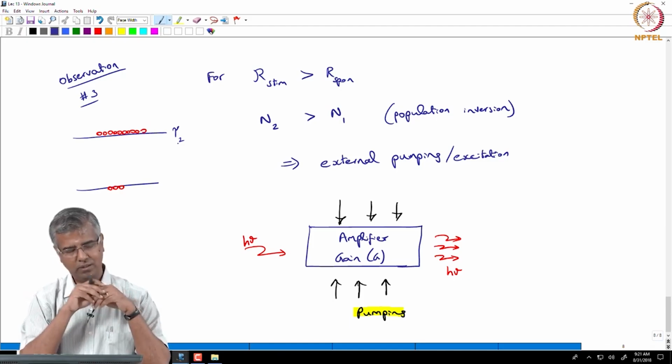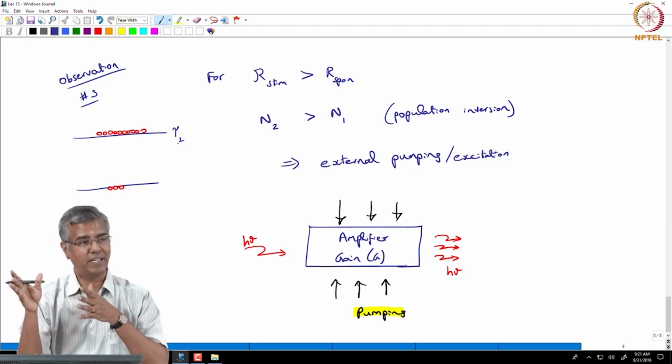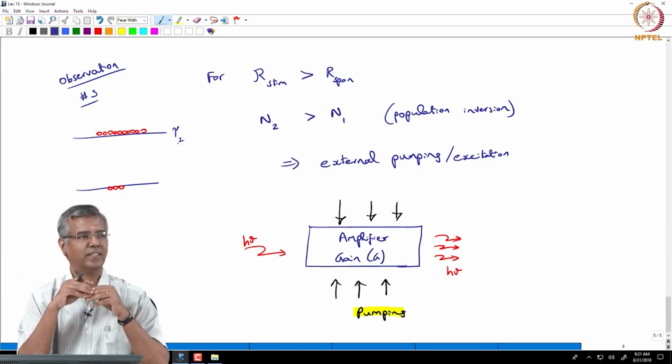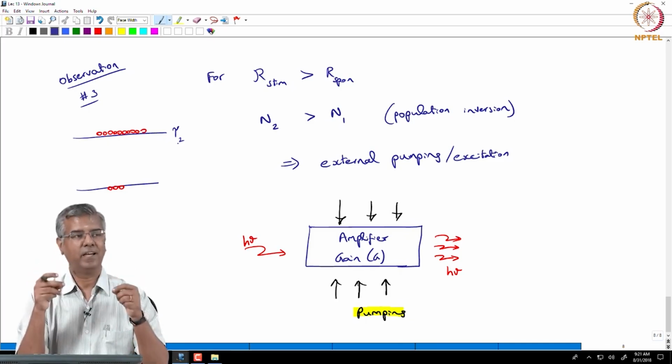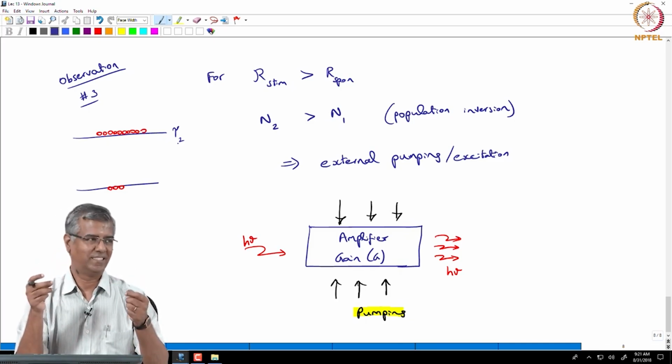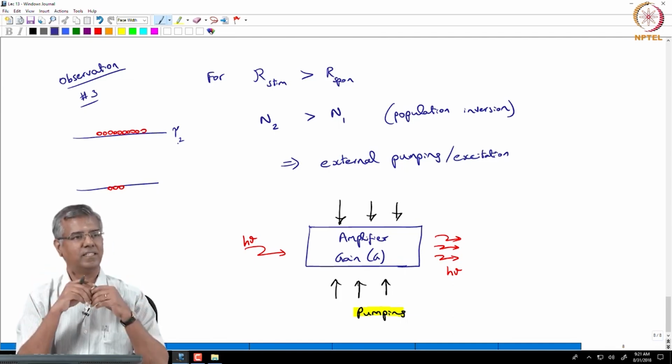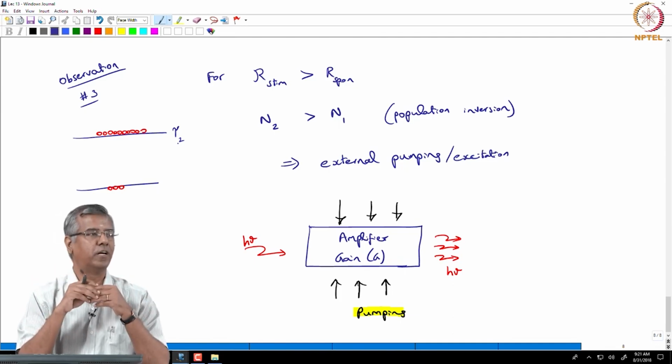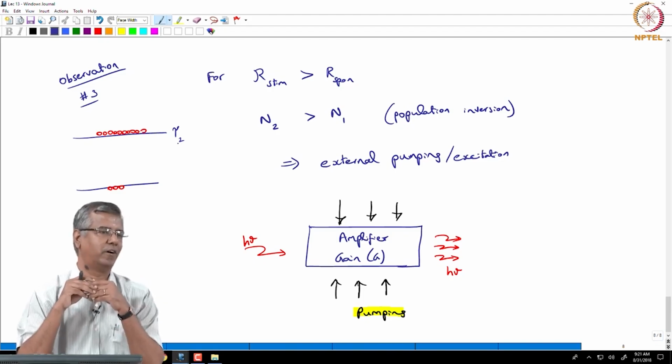So, from that perspective, solid state lasers, these rare earth ions doped in glass, that is actually a highly preferred medium for these amplifiers.